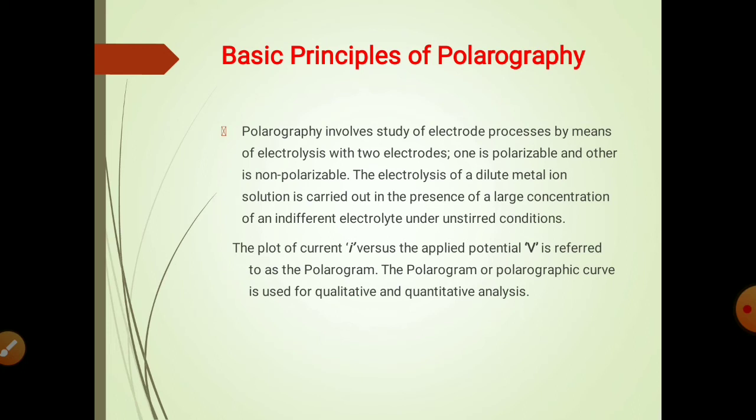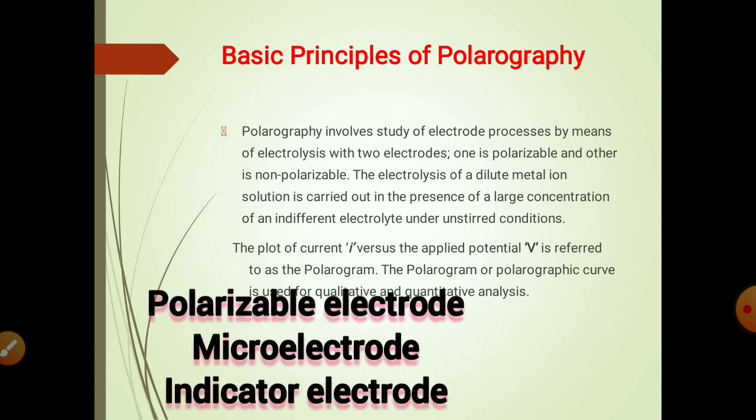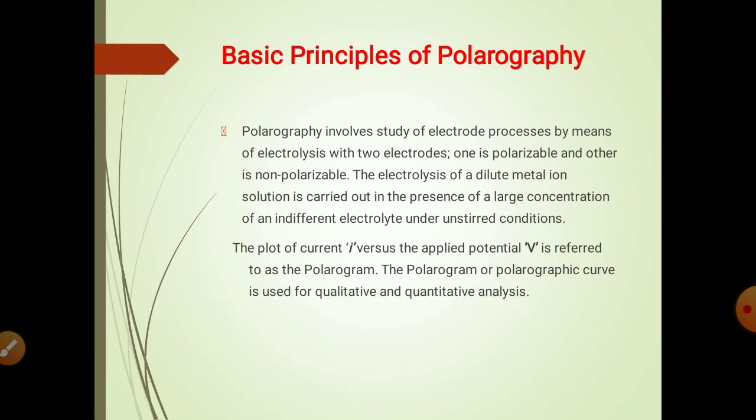Here the DME acts as a cathode and is referred to as a polarizable electrode or microelectrode, or you can say indicator electrode, while the pool of mercury acts as anode and is referred to as a non-polarizable electrode, or you can say macro electrode. Between these two electrodes, the potential is applied in presence of a large concentration of a supporting electrolyte like KCl, that is potassium chloride, under unstirred condition.